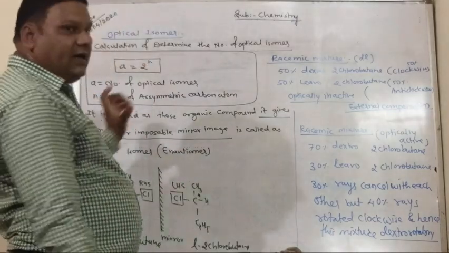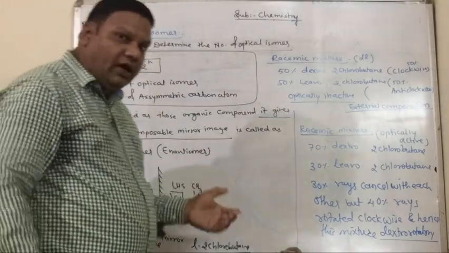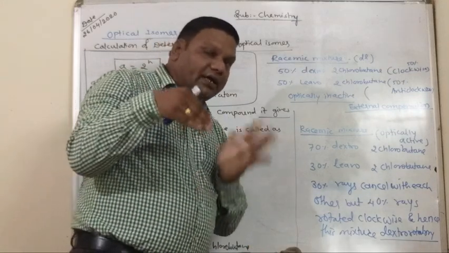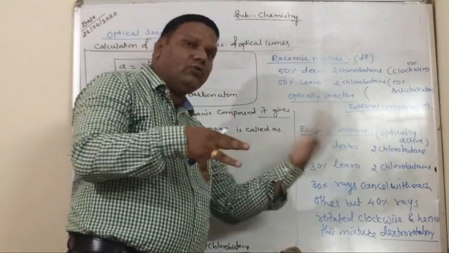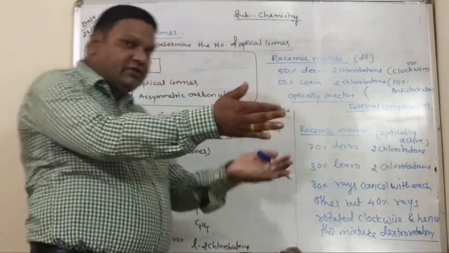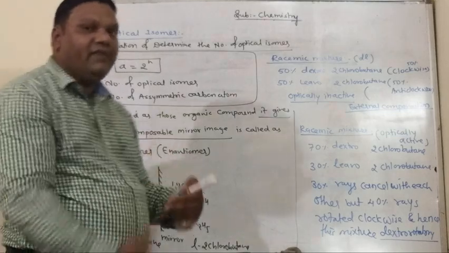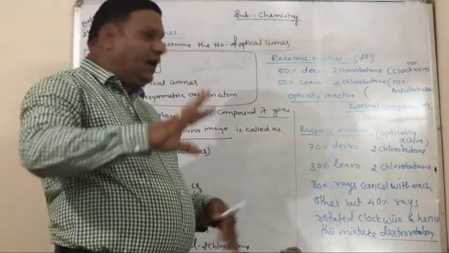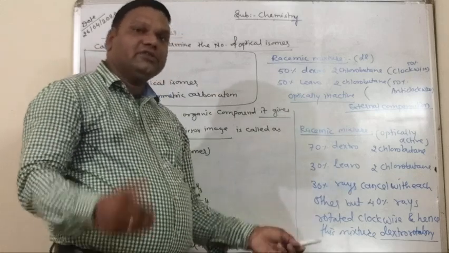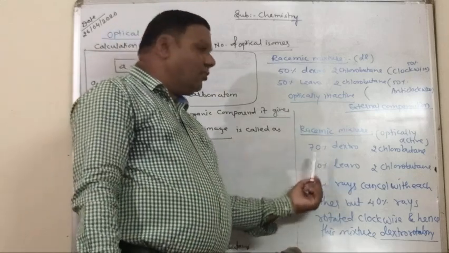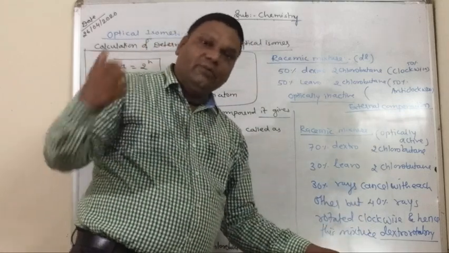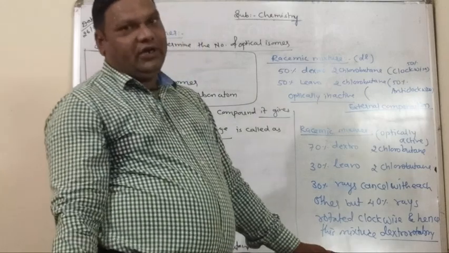So this is the racemic mixture. If you take a single compound, then 100% rotates. It depends on which side the functional group is placed. If it is placed on the right hand side, then it rotates clockwise. When the functional group is placed on the left hand side, then it rotates anti-clockwise. And if we take a mixture, depending on the proportion, if there is a higher percentage of dextro, the mixture is dextro rotatory; a higher percentage of levo, then it is levo rotatory.